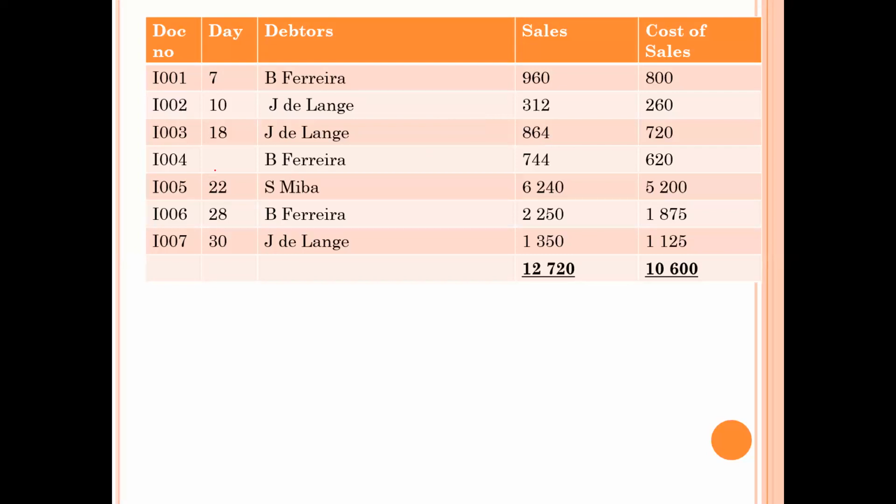Right, so let's look at the 22nd. Next invoice number, so it's invoice 005. You've got the name of the debtor is Miba, and remember now again, this time they've given us the cost price of 5,200. So you're going to write it in with cost of sales. And now you need to go and calculate the selling price with sales. How do you do that?